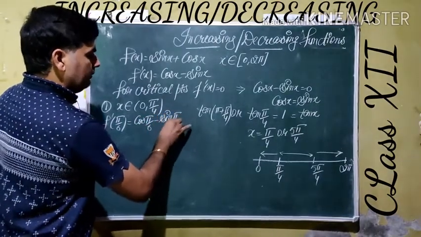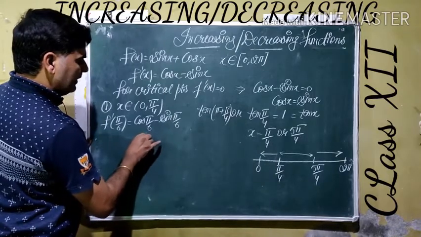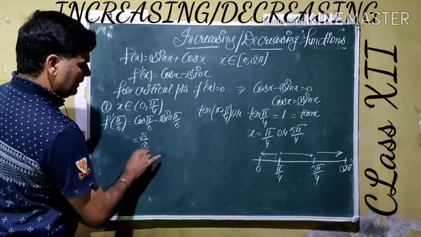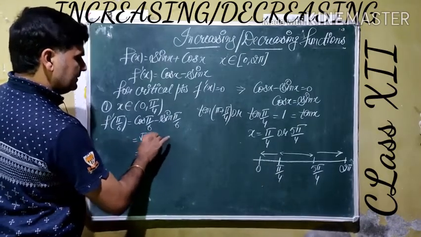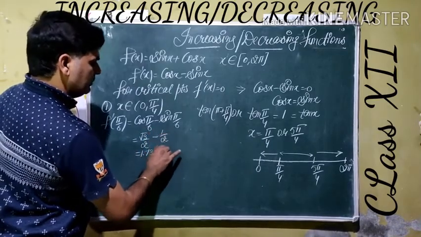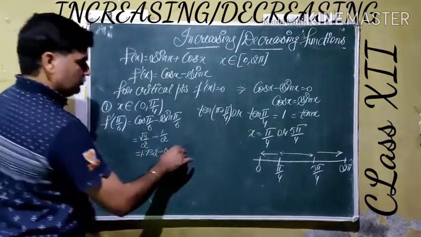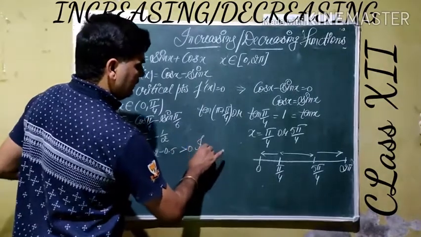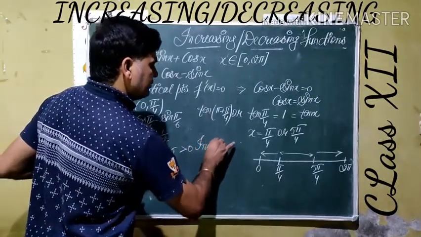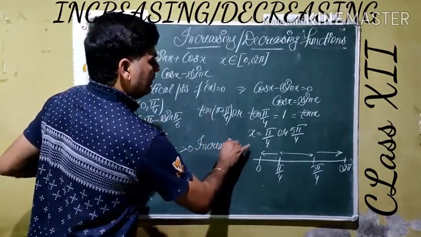Cos 30 from the table is root 3 by 2, which is about 0.866. Sin 30 from the table is 1 by 2, which is 0.5. So the answer is positive here. So in this interval, the given function is strictly increasing.